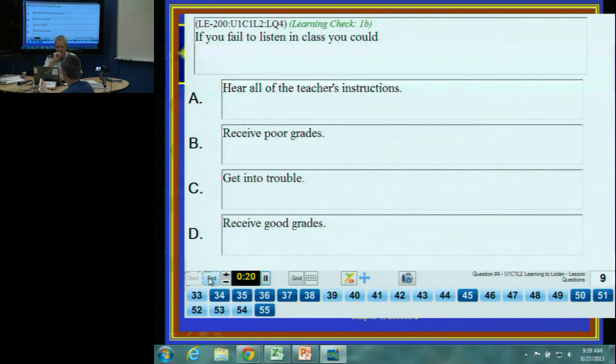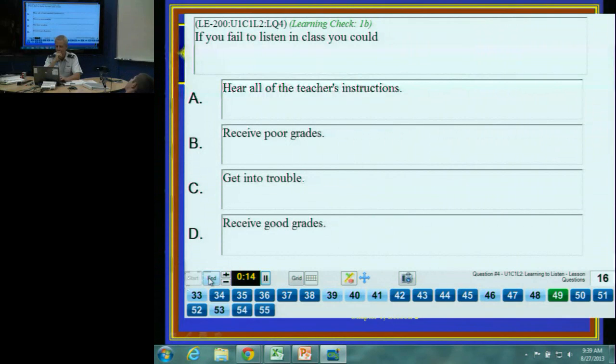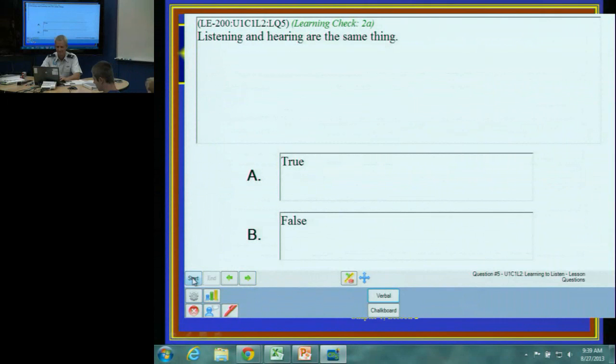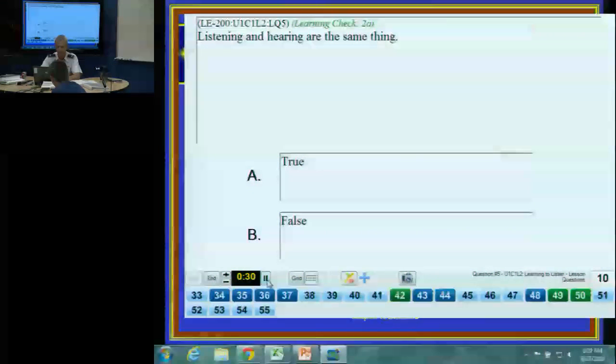If someone gets this wrong, I can't see. 95. You can get great grades. Give me 95. Get in trouble. No. Who's second in trouble? Really? Well, it could happen. Oh, this one. Should be.